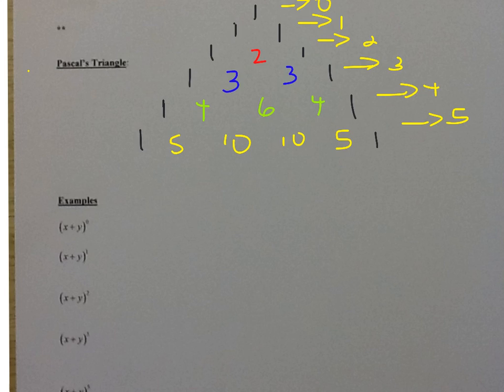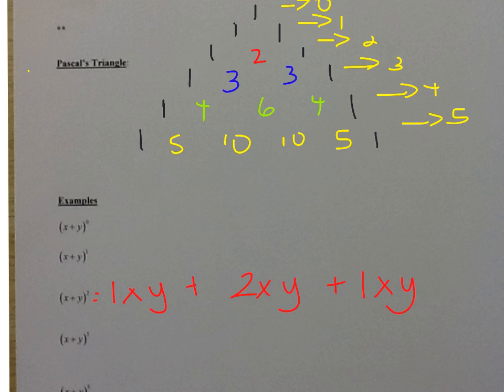All right, so x plus y squared. Let's take a look at Pascal's triangle. For x plus y squared, it's going to be 1, 2, and a 1 here. So it's going to be 1 xy plus 2 xy plus 1 xy.